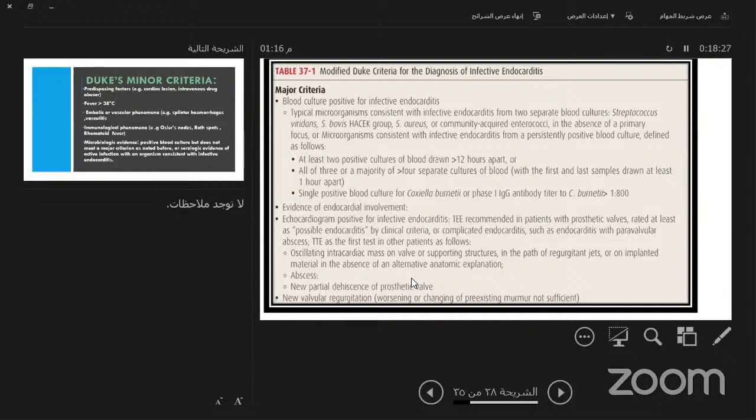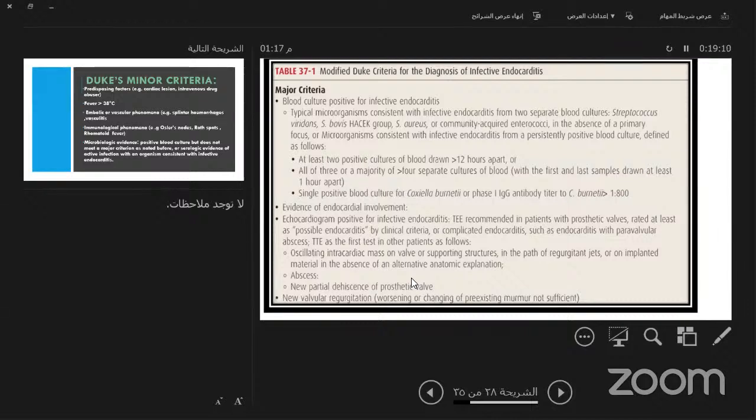Typical microorganism consistent with infective endocarditis from two separate blood cultures: Streptococcus viridans, Streptococcus bovis, HACEK group, or community-acquired enterococci in absence of primary focus; or microorganism consistent with infective endocarditis from persistent positive blood culture, defined as at least two positive cultures of blood drawn more than 12 hours apart, or all of three or a majority of four or more separate cultures of blood, with the first and last samples drawn at least 1 hour apart.